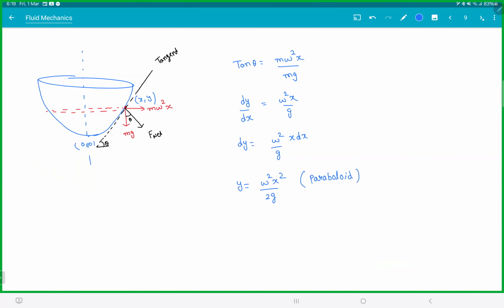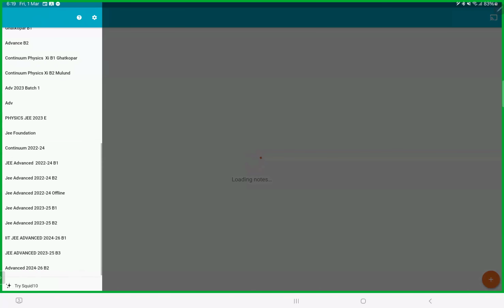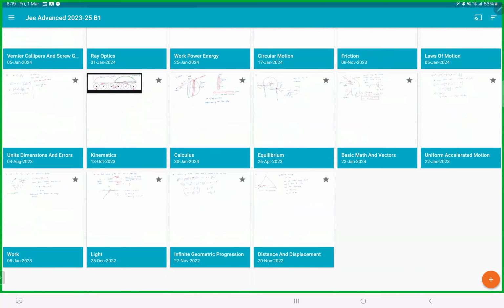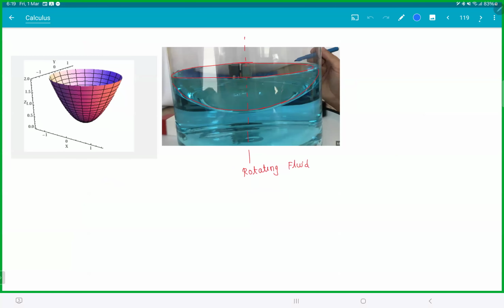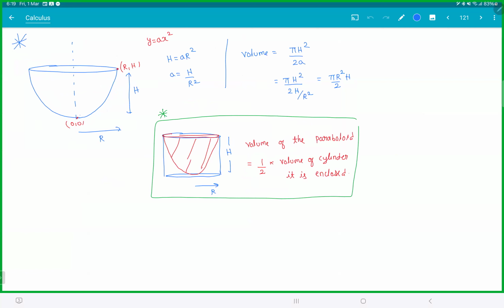Take a minute. There is something which you will need to use. I'm pretty sure you forgot. Calculus. There is this property, if you remember. If you have a paraboloid, the volume of a paraboloid is half of the volume of the cylinder it is enclosed in. Anyone remembers this? This is the result we derived in calculus.